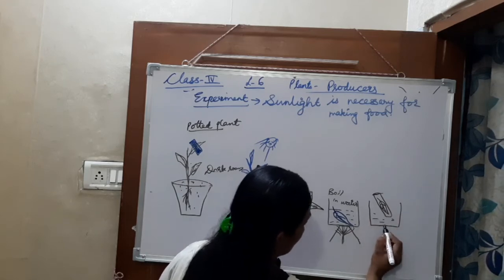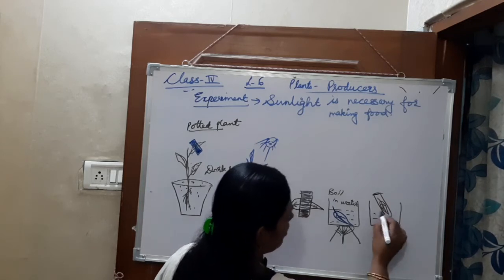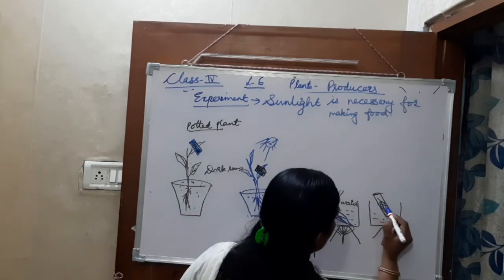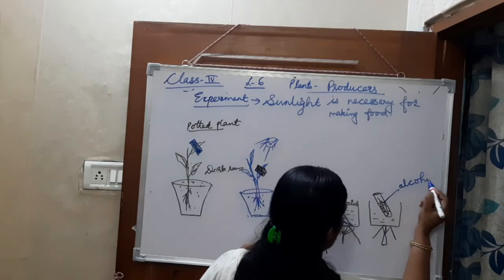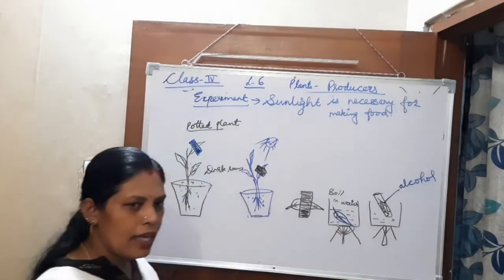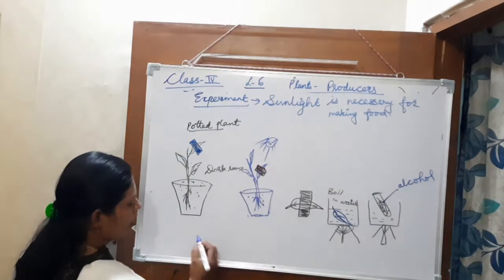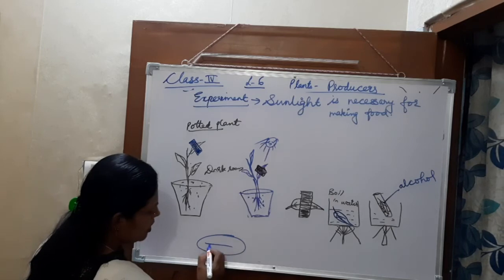Then again we have to boil this with alcohol. Inside this test tube there will be alcohol. And then afterwards take it out. Then take this leaf, and you have to take a petri dish. In that you keep this leaf.